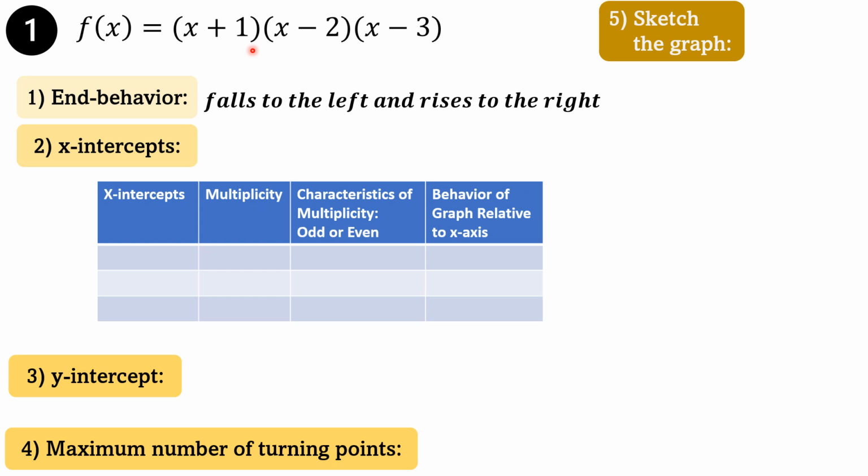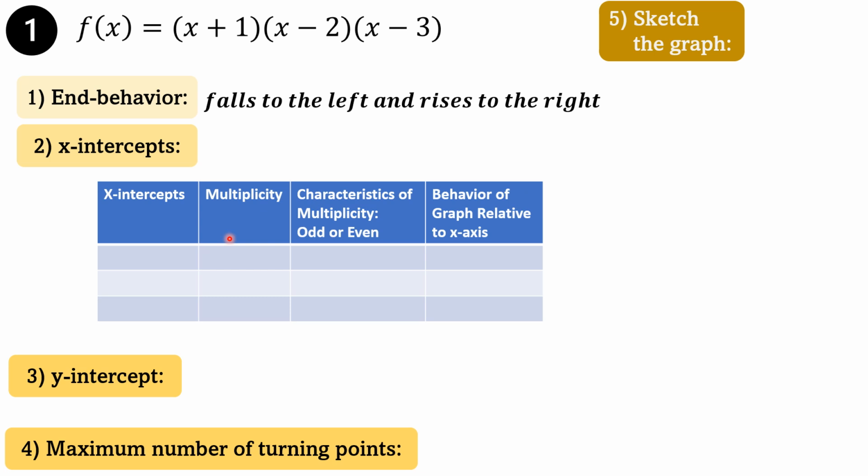Step 2. Find the x-intercepts. It is suggested that you list down the x-intercepts of the function in increasing order to avoid confusion when you start sketching the graph.